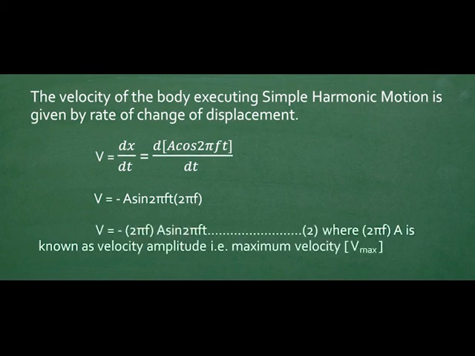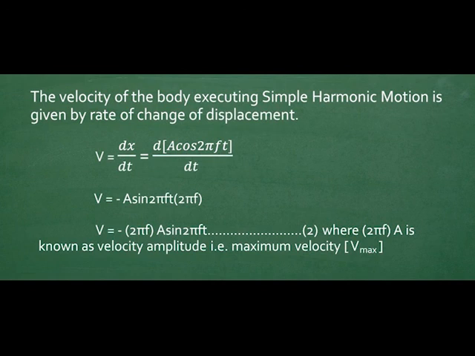Okay, after combining all these terms, what is our final result? Let's have a look at it. Therefore, our final equation reduces to negative 2 pi f times a sine 2 pi ft. Here the key point is what we need to remember: what is that coefficient known as.